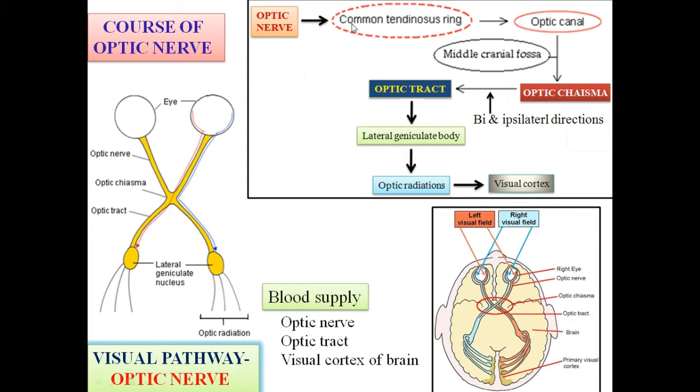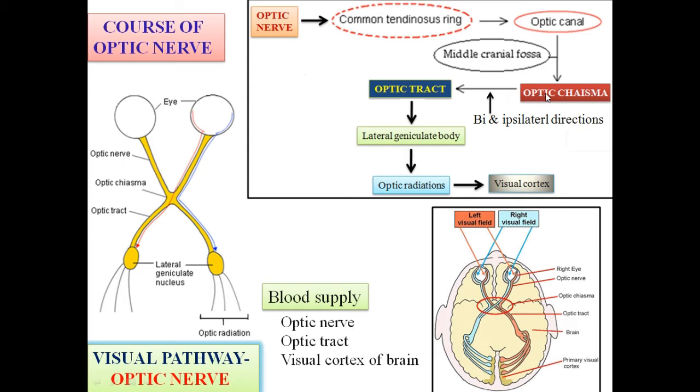It passes inside the common tendinous ring and enters the optic canal. From there it enters the middle cranial fossa, passes over the nasociliary nerve and ophthalmic vessels, and joins the optic chiasma.